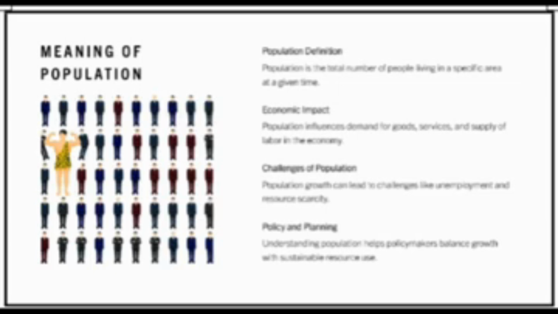In economics, we study population because it has impact on demand for goods and services, supply of labor in the labor market, and as well for the purpose of economic planning and development of our state.